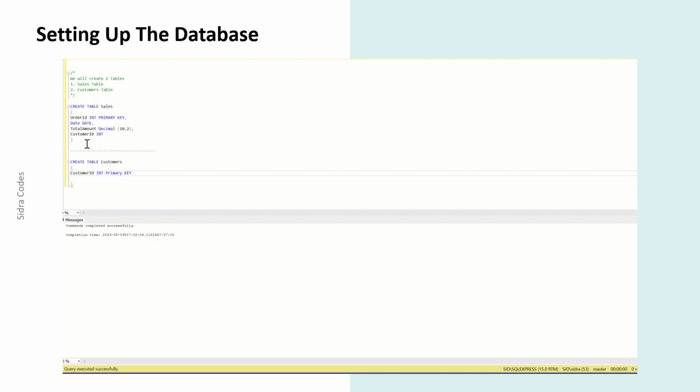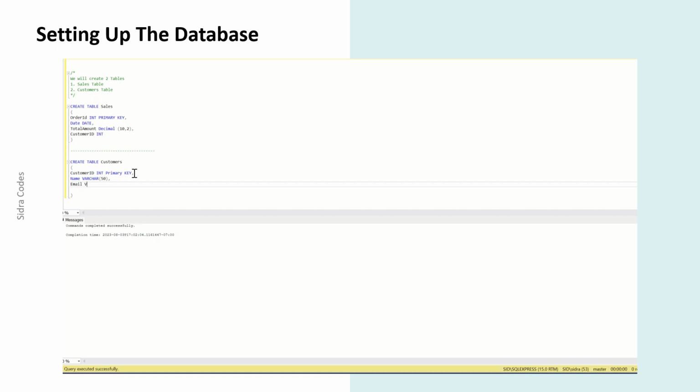If you notice, earlier my primary key was order ID and customer ID was secondary, which is integer, and here customer ID with data type integer is the primary key. I'm going to add another column called name, and this will be a varchar, and I can give it 50, meaning it's kind of like a length.